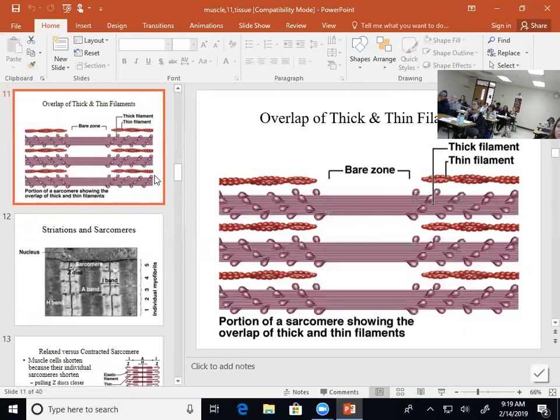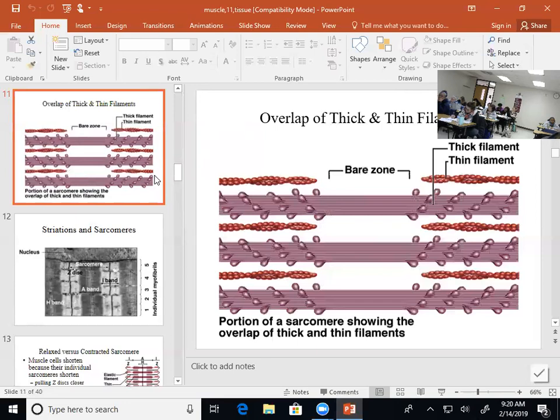These filaments, actin and myosin, are attached to the muscle fiber by another special kind of protein called dystrophin. Now, you maybe want to write that down. That's called dystrophin. So when these filaments contract, the dystrophin, which is a protein, is holding them attached to the outer membrane, so the entire fiber contracts.